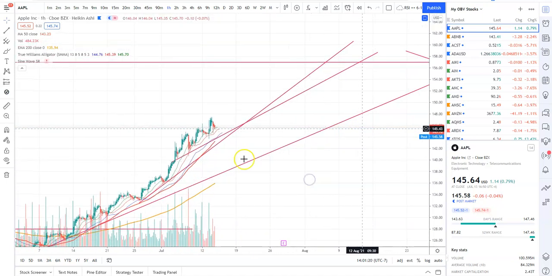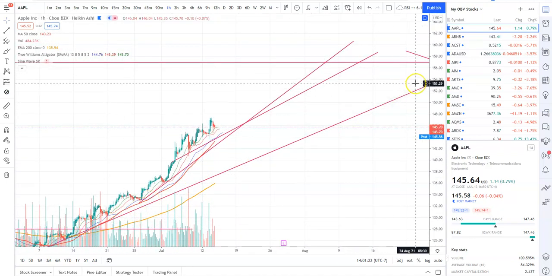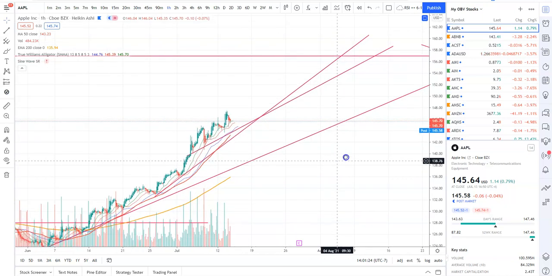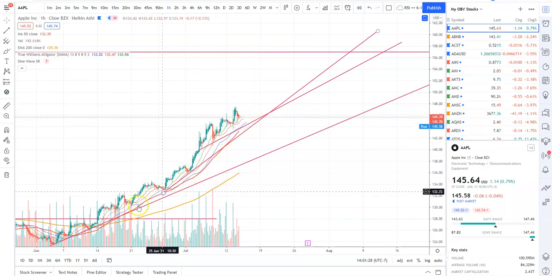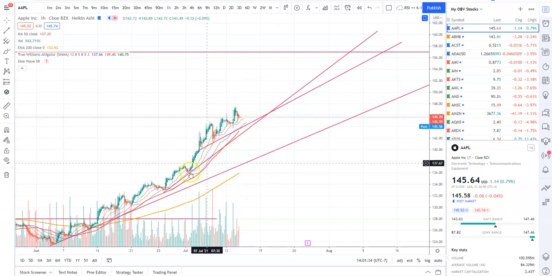So that's our longest time frame uptrend, and then you've got these sort of accelerated momentum trend lines, one here originating at the point at June 25th and then another one on July 2nd. So I think that one or both of these right here are the most valid at this point right now.